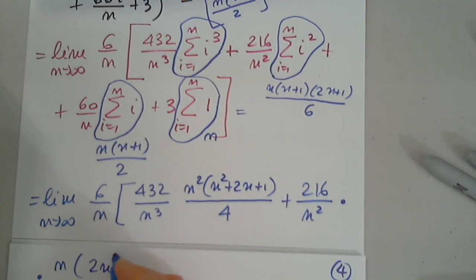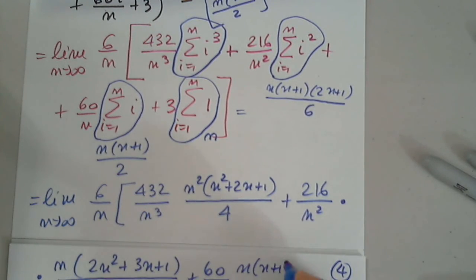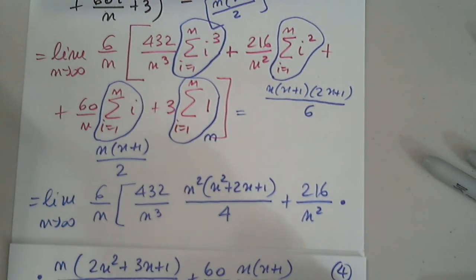So that is 2n squared plus 3n plus 1 divided by 6. Now I'm here with plus 60 over n. Here I'm not going to do anything, n plus 1 over 2, and plus 3n.